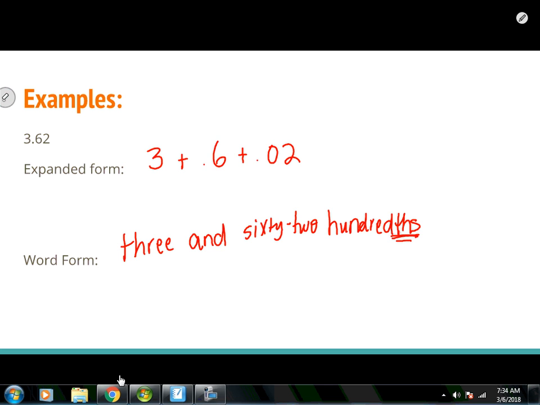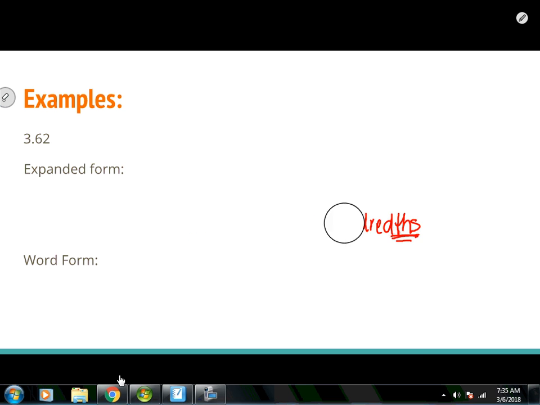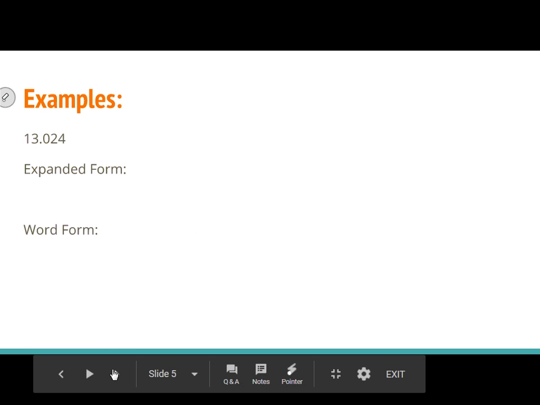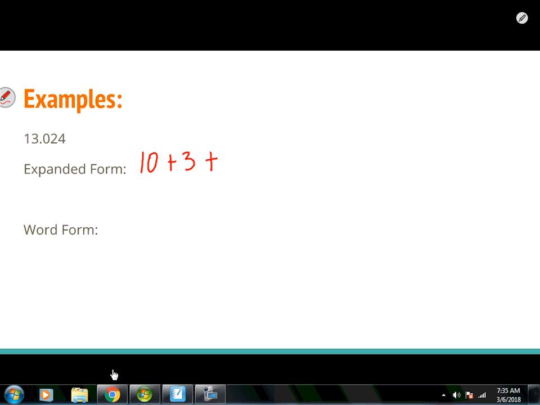Okay? Let's look at another example. We have 13 and 24 thousandths. In expanded form, we would have 10 plus 3 plus no tenths plus 2 hundredths plus 4 thousandths.